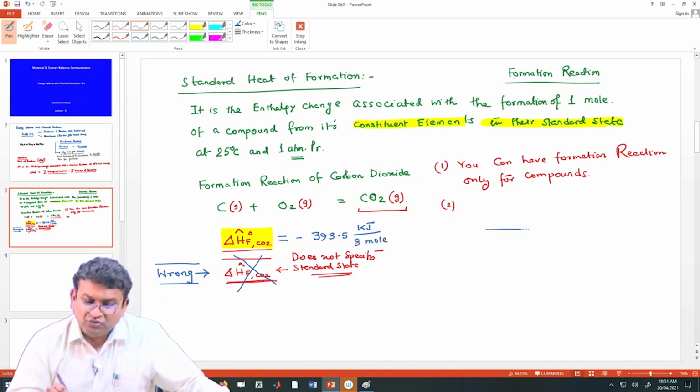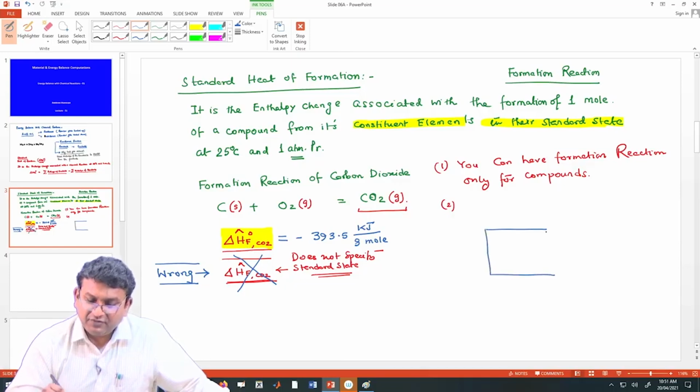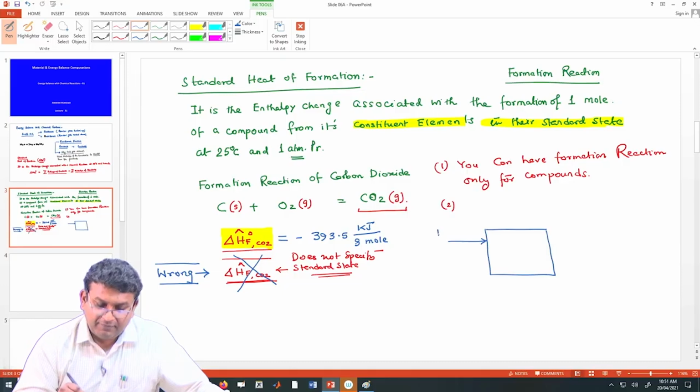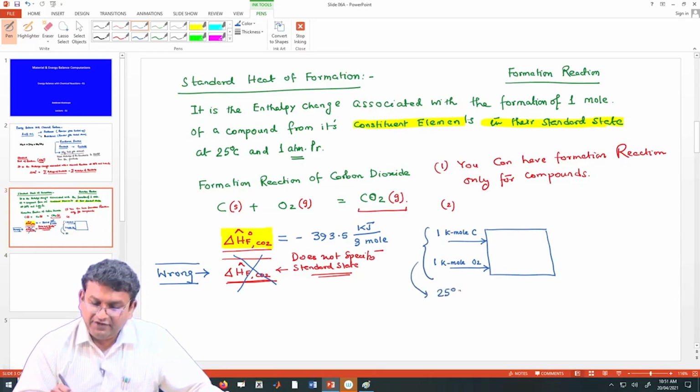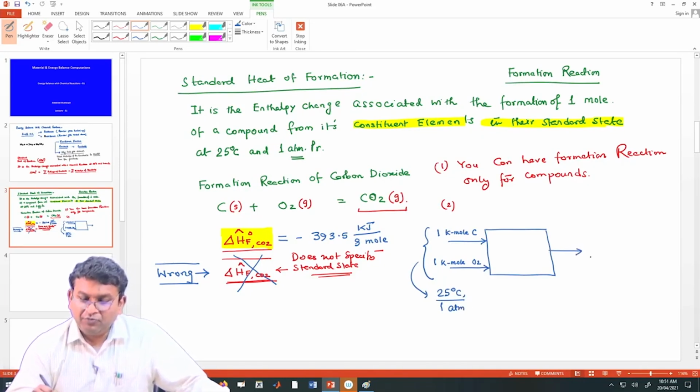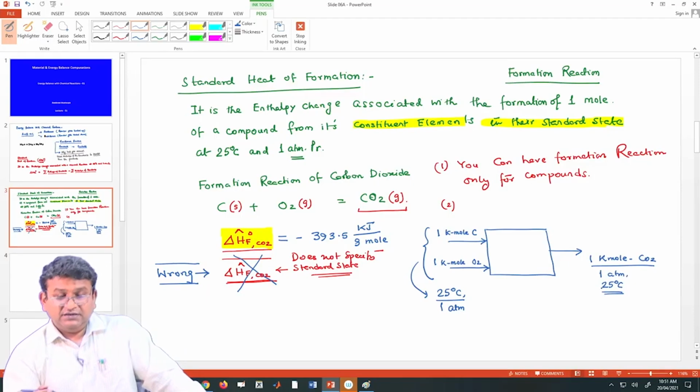So, this is analogous to as if 1 mole or 1 kilomole of carbon and 1 kilomole of O2, both at 25 degree centigrade and 1 atmospheric pressure, are entering a reactor to produce 1 kilomole of carbon dioxide, again at 1 atmosphere and 25 degree centigrade, and there is a reaction.